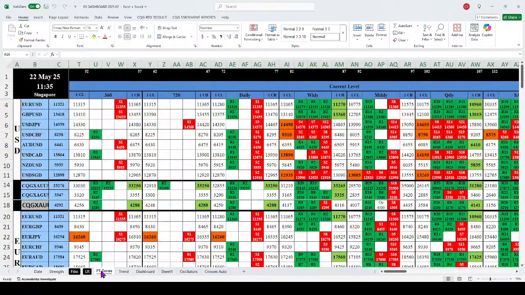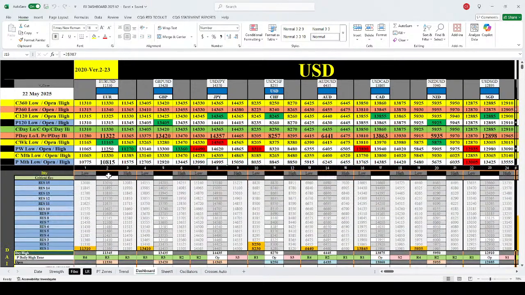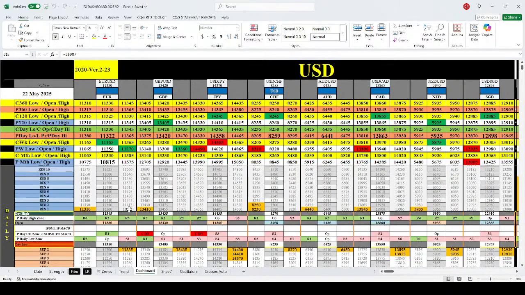So let's look at the PT zones. The PT zones are saying the target is most likely a weekly RR5, or daily RR2, or monthly SR5, SR7. These are the three levels we can expect this market to turn.